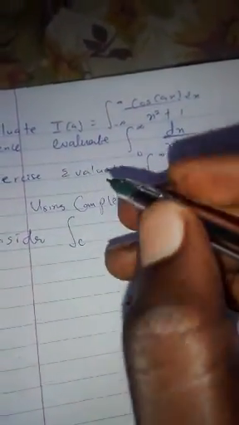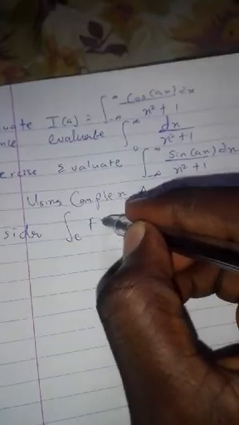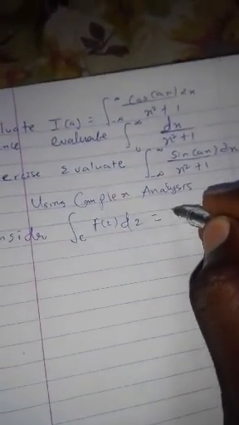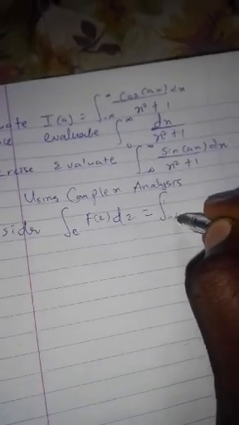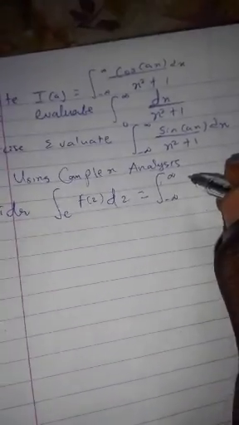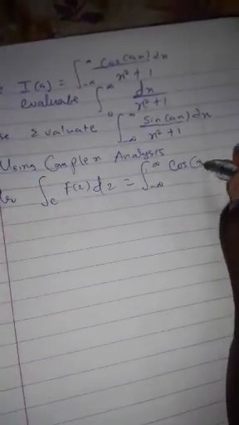So this is called the contour integral. Now let's take this contour integral of f(z) dz, which equals the integral running from minus infinity to infinity of cos az over z squared plus 1 dz.